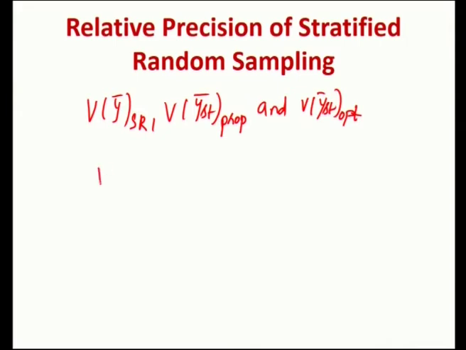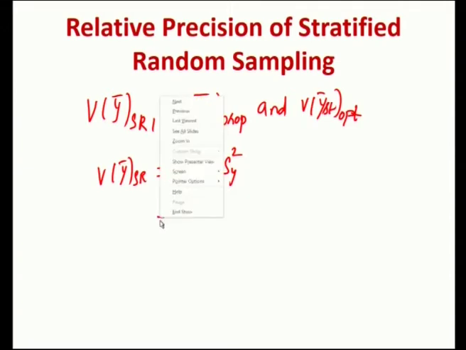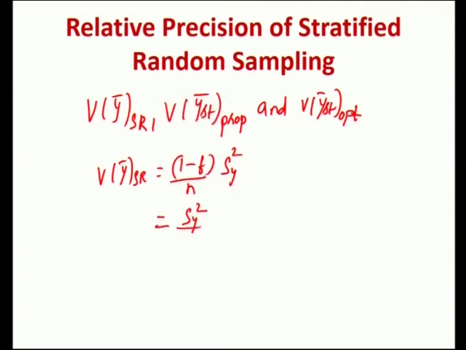Now, we know that variance of y bar in simple random sampling is 1 minus f by n into Sy squared. If finite population correction, that is 1 minus f is ignored, this is equal to Sy squared by n.